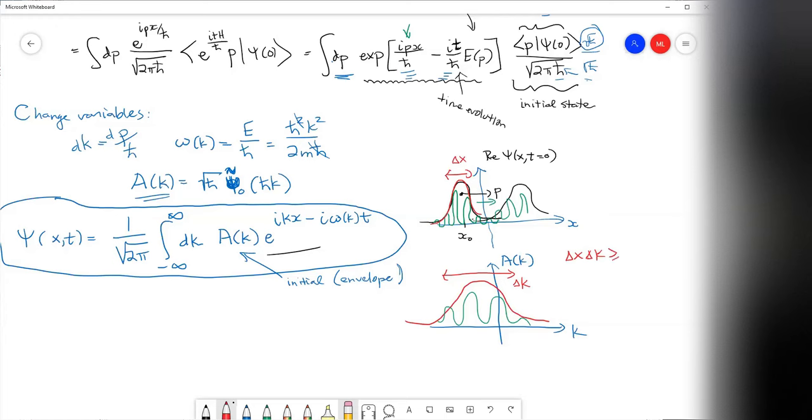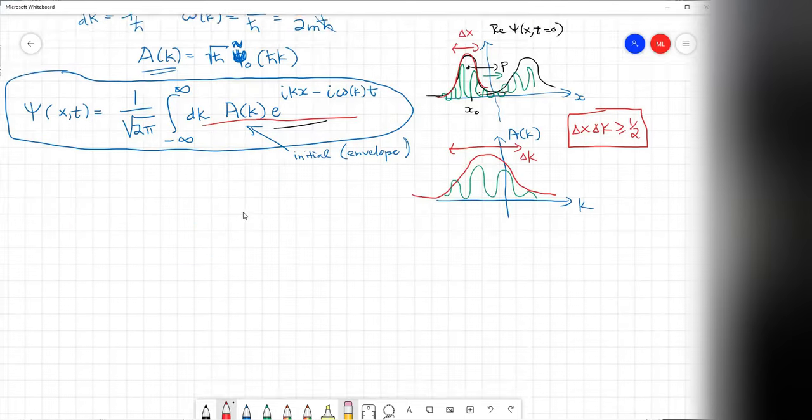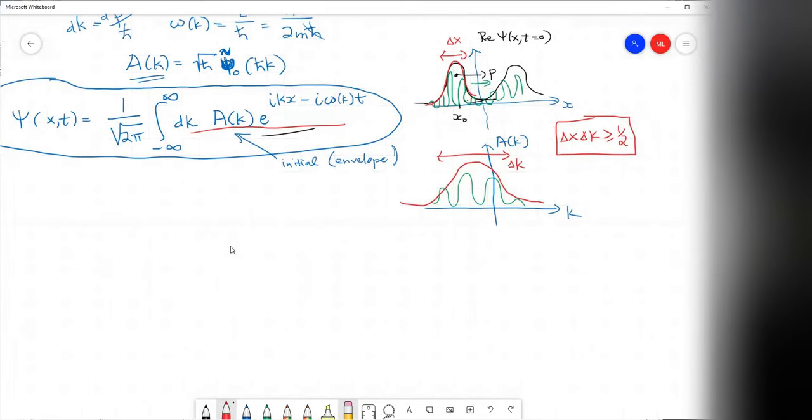This is basically what I showed in recitation, how the Fourier transform naturally gives you this inverse relationship between the wave packet in Fourier space and the wave packet in position space. And that's kind of how it goes. We can study this now in more detail. That's what we're going to do now, look at how it actually evolves in time. Any questions, though, about that?